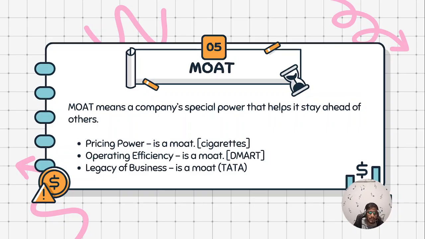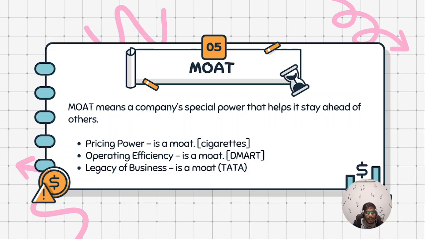For example, cigarettes. For cigarettes, the pricing power is the moat. The company can increase the price of cigarettes, but still the demand will remain the same. This is the pricing power, so cigarette becomes a moat. Operating efficiency, like DMart.